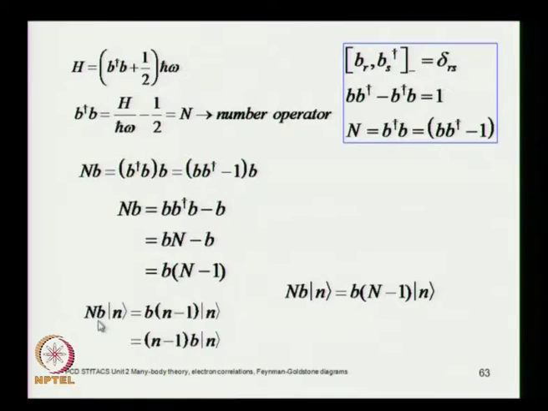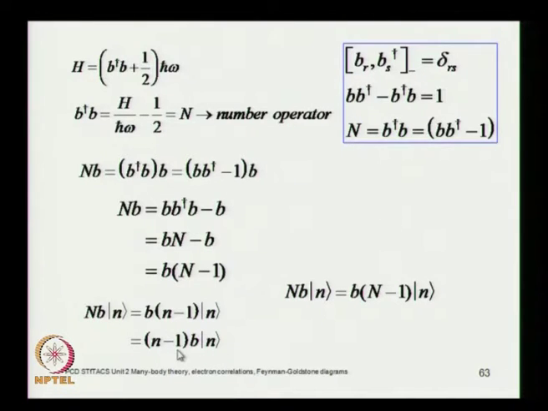So, you get n b operating on n gives you b operating on n minus 1 times n, but n minus 1 is just a number. So, essentially you have got n minus 1 times b operating on n.